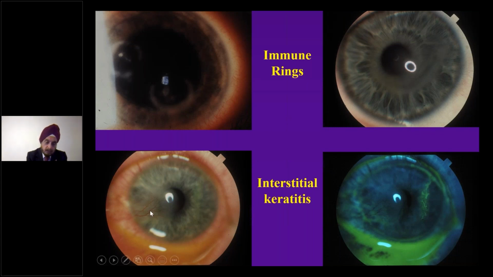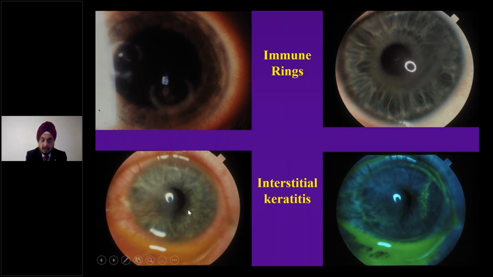Now, interstitial keratitis, because it's an immune-mediated disease, most stromal diseases are immune-mediated diseases. They have to be treated with steroids. But if you forget to add antiviral agents with it, acyclovir, you can provoke a dendritic infection, which is active viral replication.